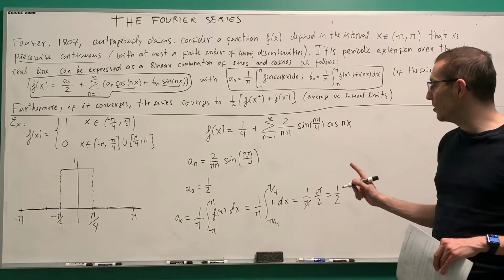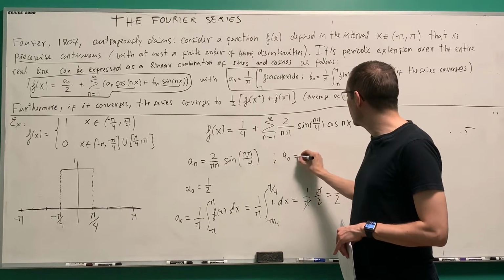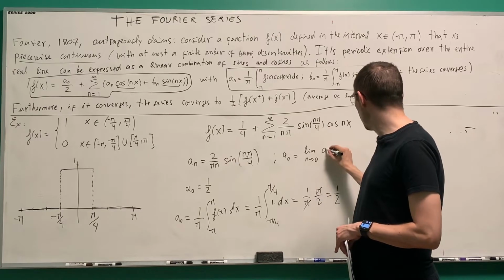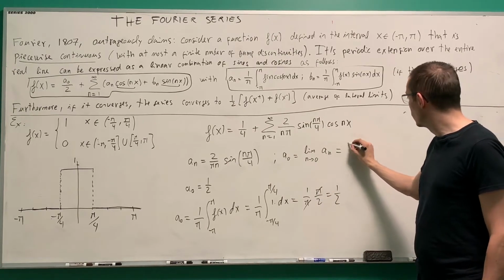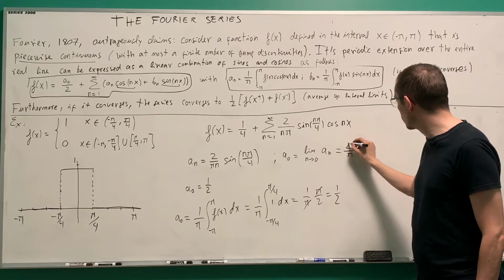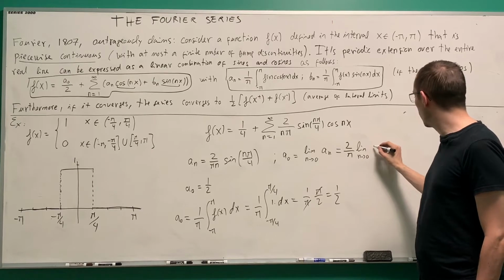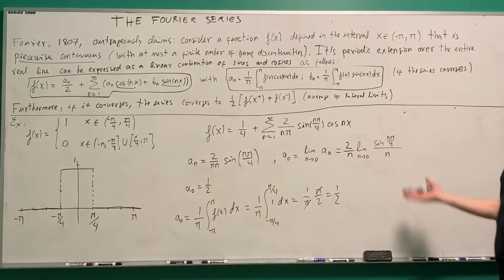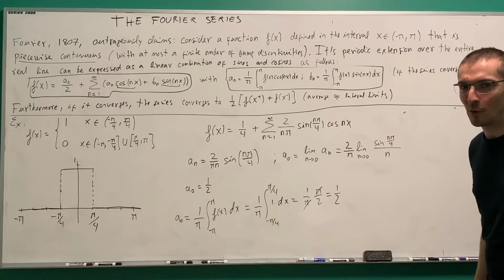But I could have computed it as well as this. A0 is indeed the limit when n goes to 0 of an. So we substitute, and we get that this is 2 over pi, I take the constant out, times the limit when n goes to 0 of sine of n pi over 4 divided by n. Now this is an indeterminate limit, right? 0 over 0. You can do L'Hopital, feel free to do L'Hopital if you want.